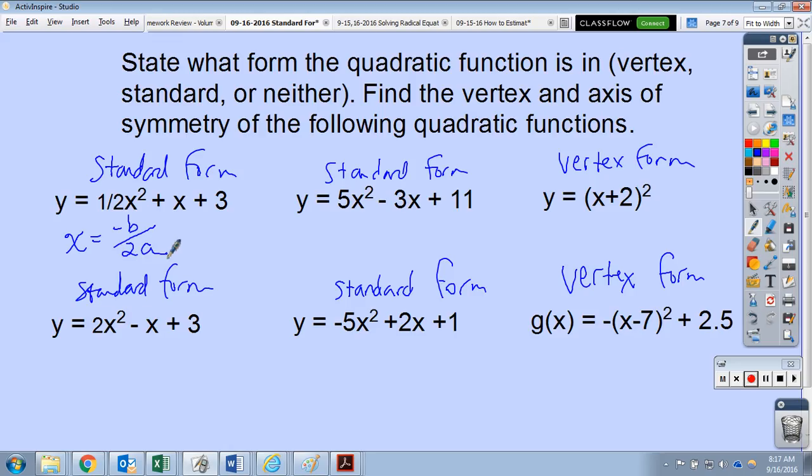Okay, sorry, maybe we didn't. But that's it. It's that simple: negative b over 2a. This is the axis of symmetry. And because it's the axis of symmetry, it is also the x-coordinate of the vertex.